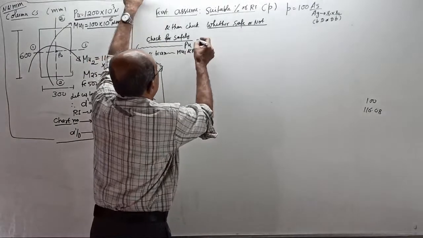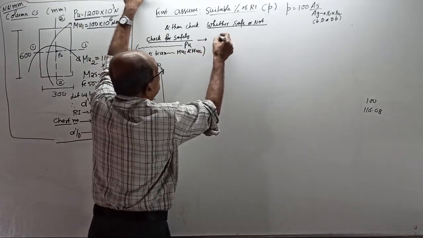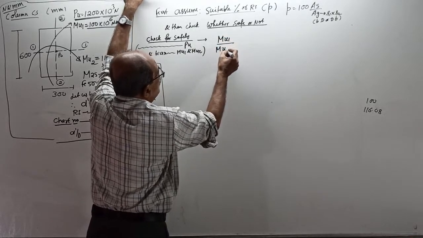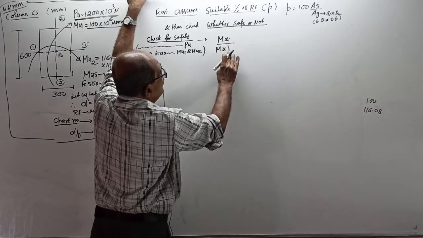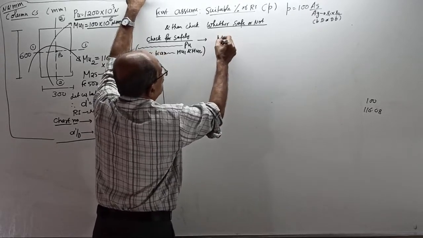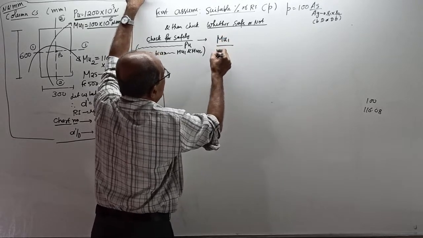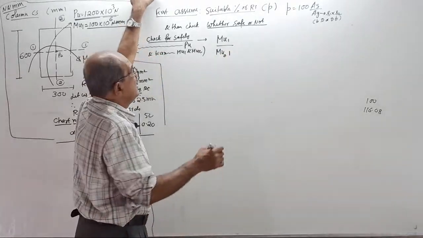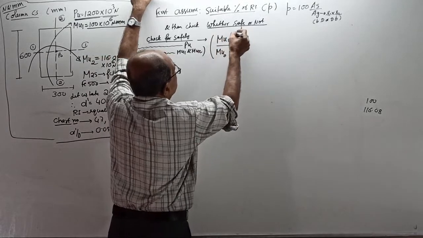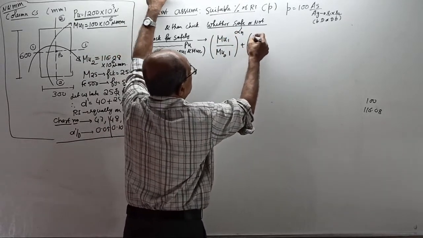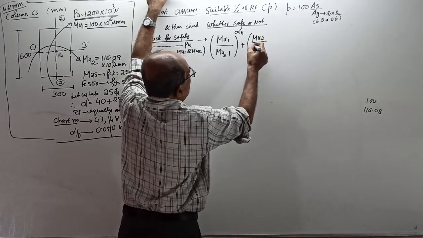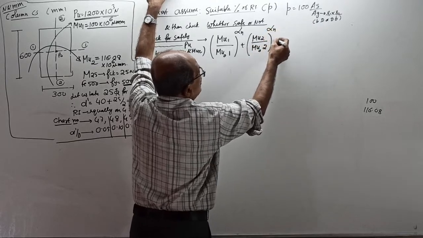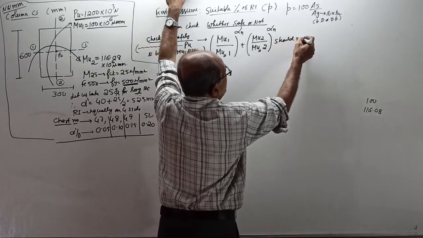The check for safety is: MU1 by MU not 1, to the power alpha n, plus MU2 by MU not 2, to the power alpha n, should not exceed, anybody can tell?